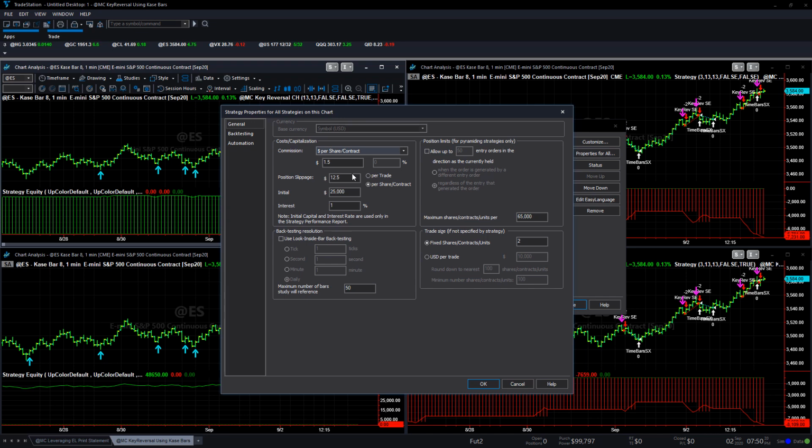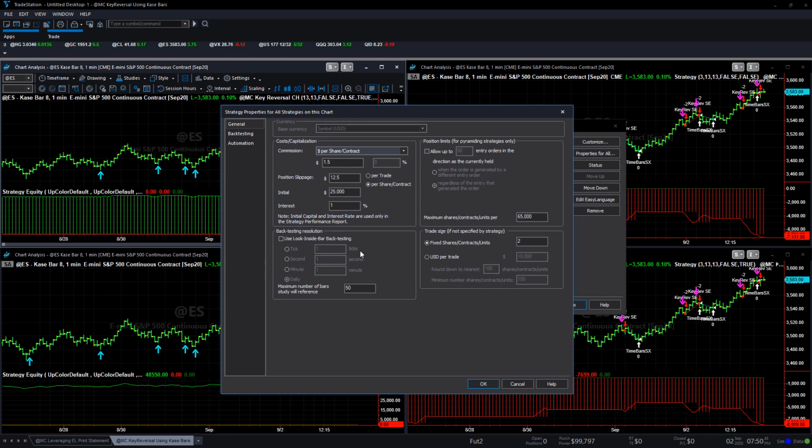And again, we're doing that because the E-mini has a $50 point value. It trades in 25-cent increments, so each minimum move is $12.50. I plug that in here. It's per share or per contract, so that multiplies times 2, so that is $25 per trade. And that's what we're doing here. Trade size is set over here on the right, and that is set to 2.